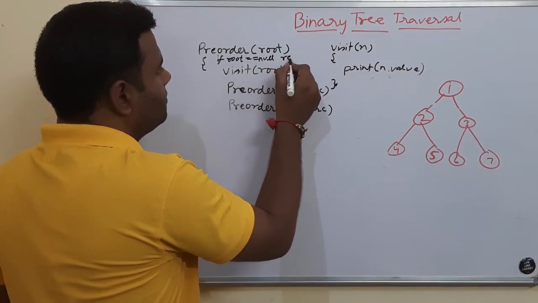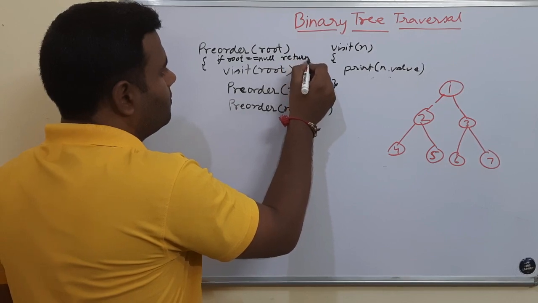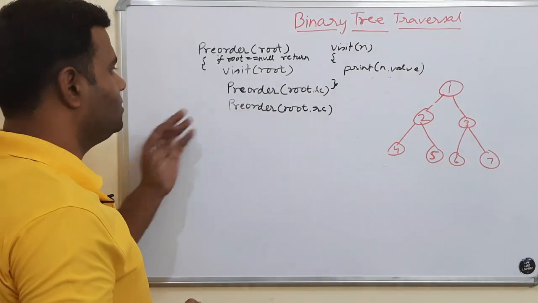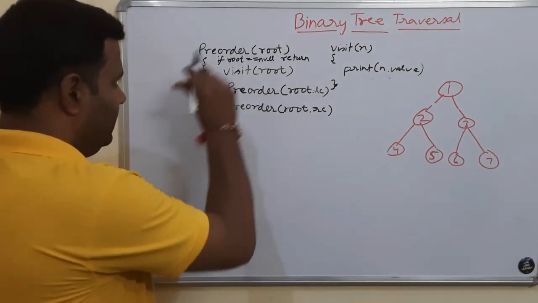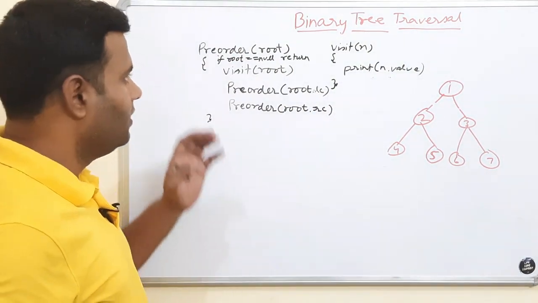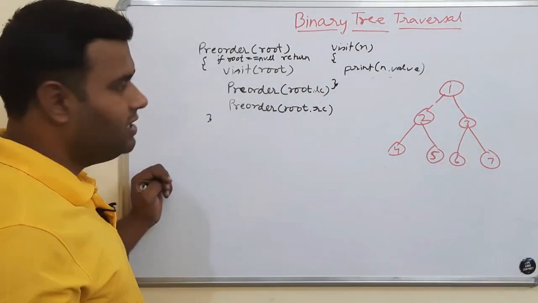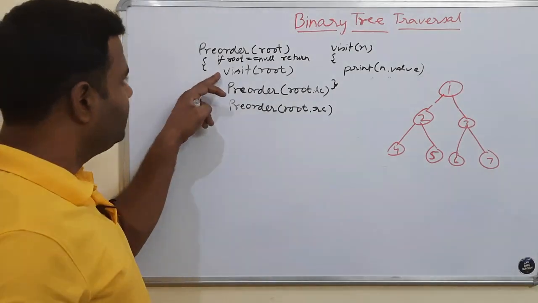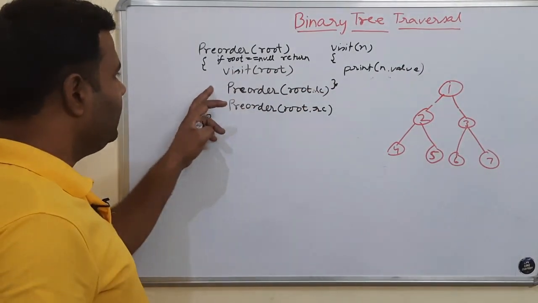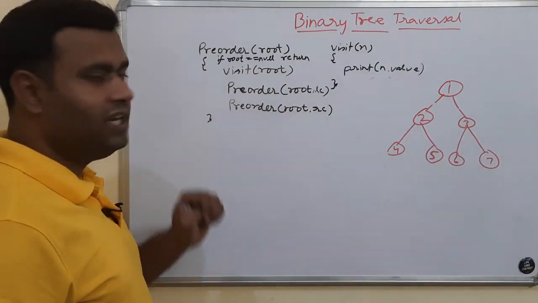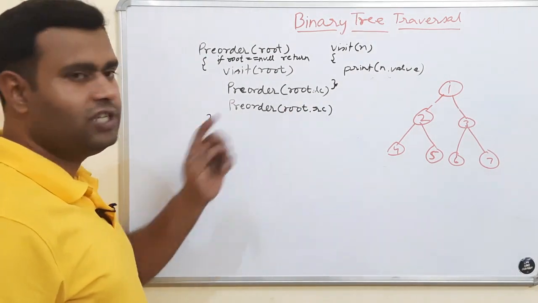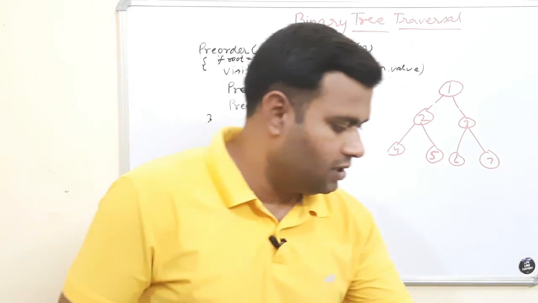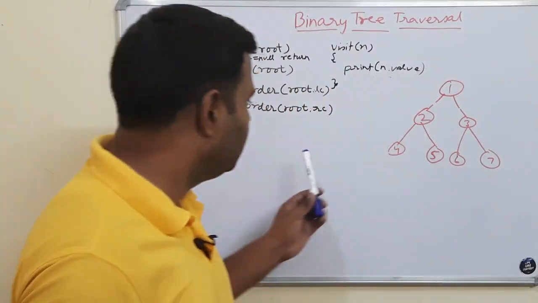Then just return. Else you perform these operations. Is this making sense? First, our base condition is definitely root equal to null, then just return. First visit the root, second visit the left child, and then the right child. So this is all about preorder traversal.